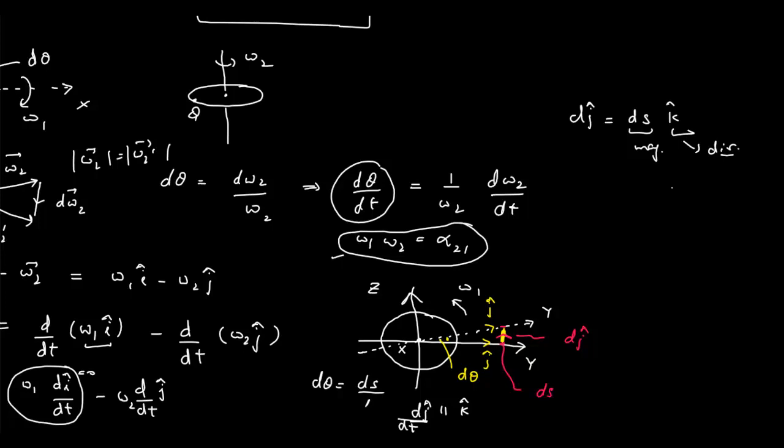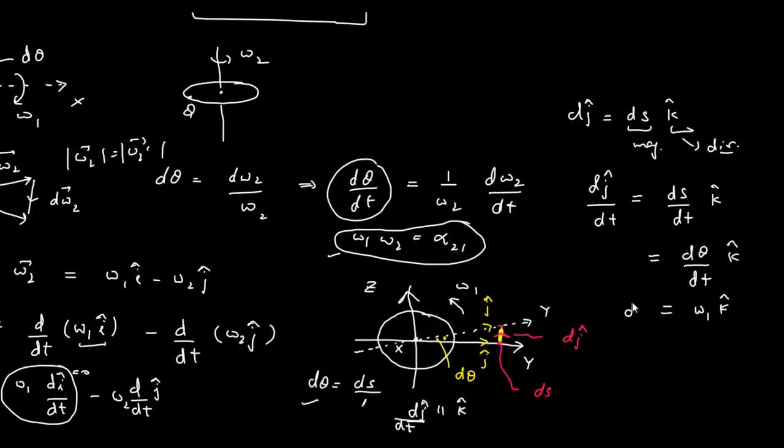So from here we can write dj cap by dt is equal to ds by dt k cap. Clear? And ds by dt, from here you can write that this ds by dt is basically d theta by dt k cap, and this d theta by dt is for this object 1, so I can write this as omega 1 k cap, and this is dj by dt.